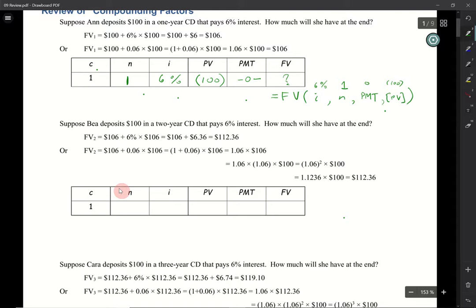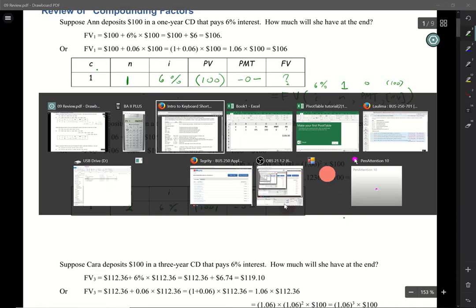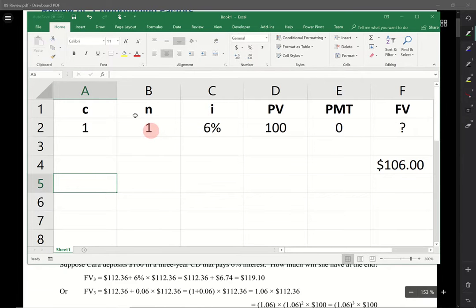So if this were our problem, we would basically write in 2 for the number of compounding periods, and all of this other stuff would be the same. And then the FV is the question mark. So actually, we can just reuse this and type in 2.